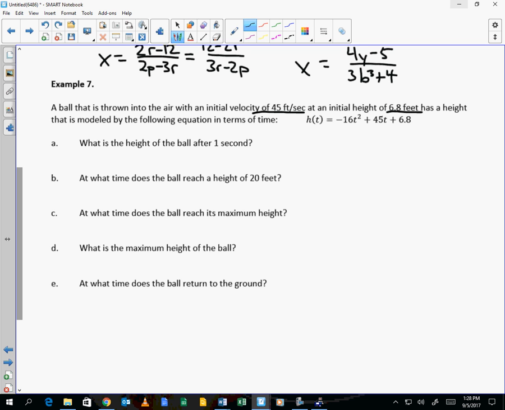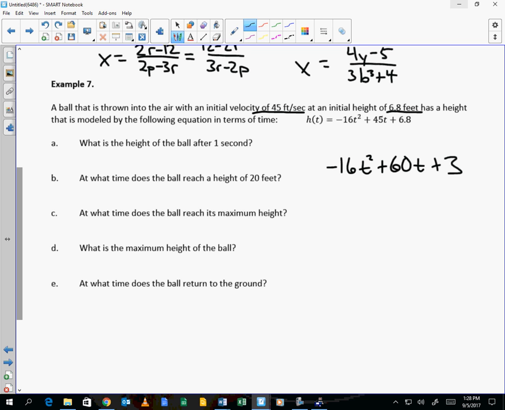Suppose that Cole punts a ball with an initial velocity of, we'll say, 60 feet per second. And when he kicks it, it's at an initial height of 3 feet. Well, that would be the equation for the height of that football. The negative 16 has to do with the constant of gravity.